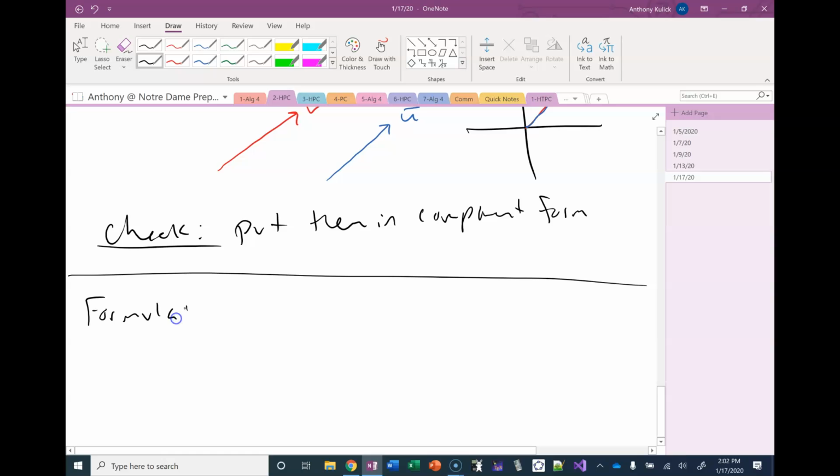So the formula for magnitude, we'll just say AB.